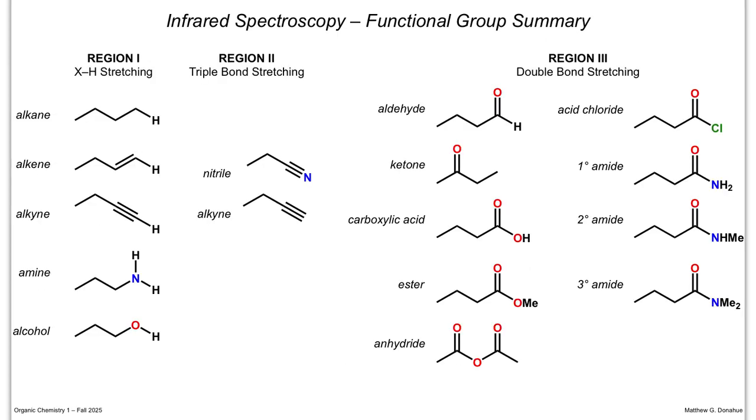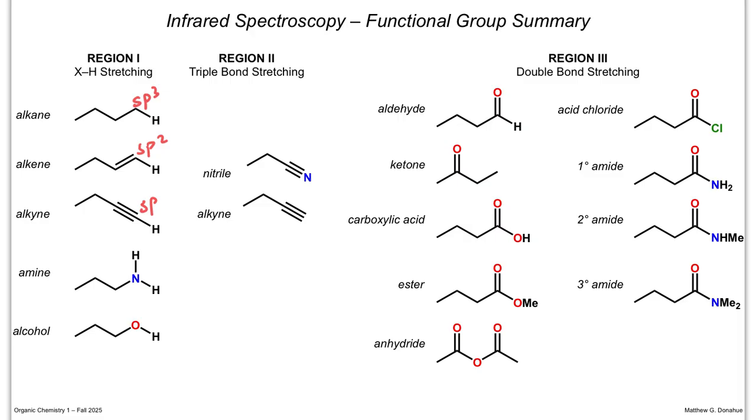So visually, here are those regions. The different functional group names. Region 1, XH stretching, where X is carbon, oxygen, or nitrogen. So we can see the different types of hybridized carbon H stretching, amines, alcohols.